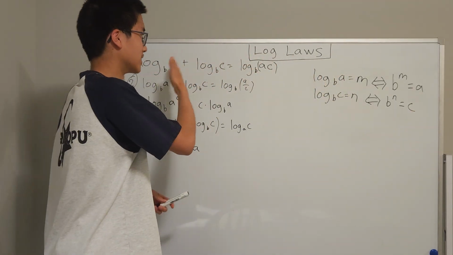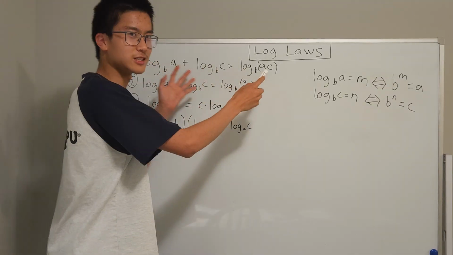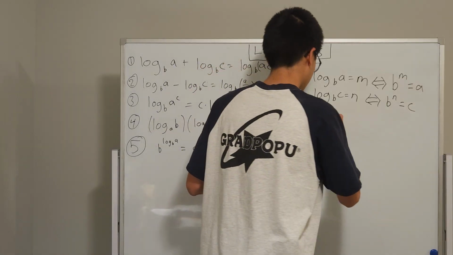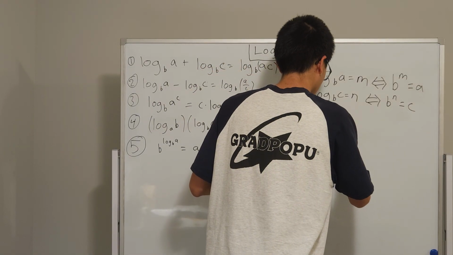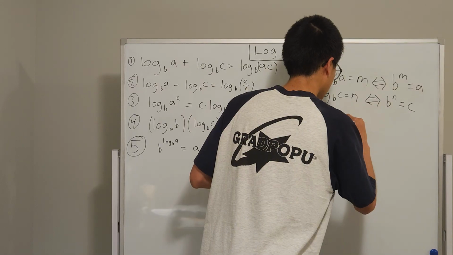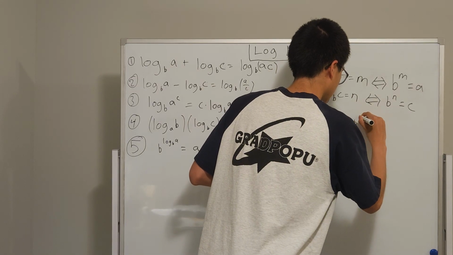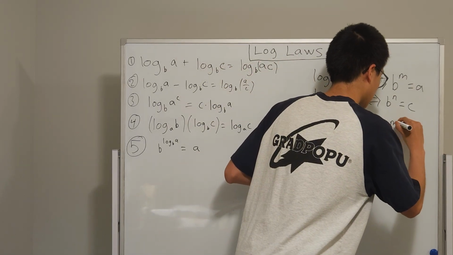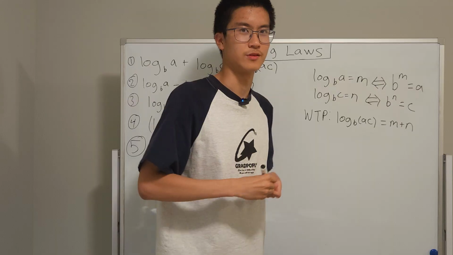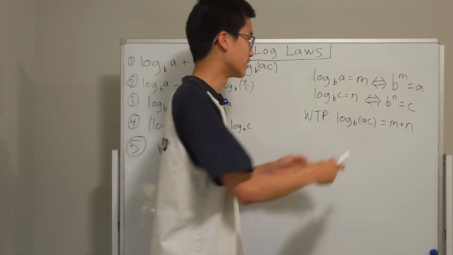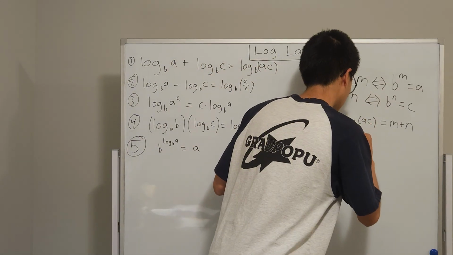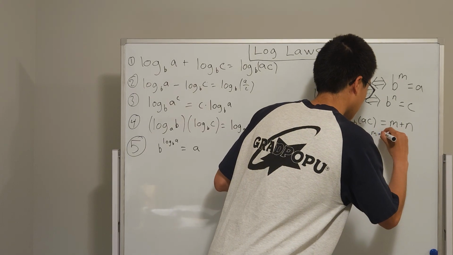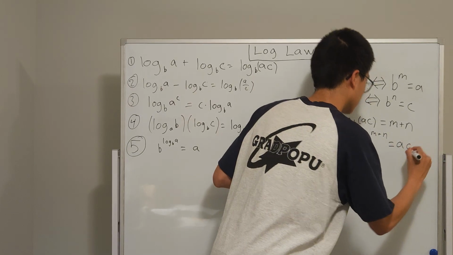Now, we want to prove that our right side, which is log base b of a times c, equals m plus n. And again, we can write this in exponential form. If this is true, then we know another equation that must also be true, which is b to the power of m plus n equals ac.